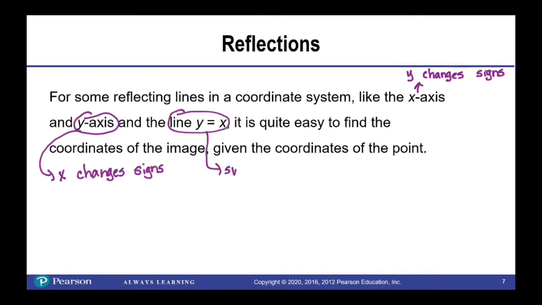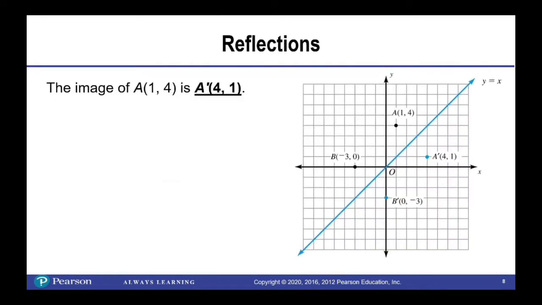Now for the line y equals x, we switch our x and our y. Here's how this works. Here we have the line y equals x that we are reflecting across. We have the point A, which is the point 1, 4. When I switch the x and the y, because I reflect across the line y equals x, my new point A prime is 4, 1. The same thing happens with B. For my new point B prime, I switch the x and the y, and so that new point is 0, negative 3.